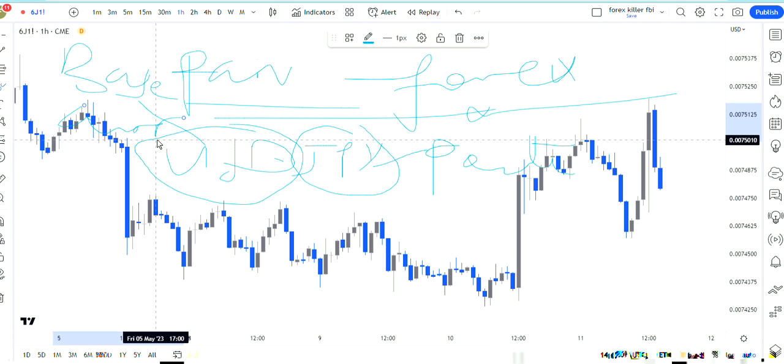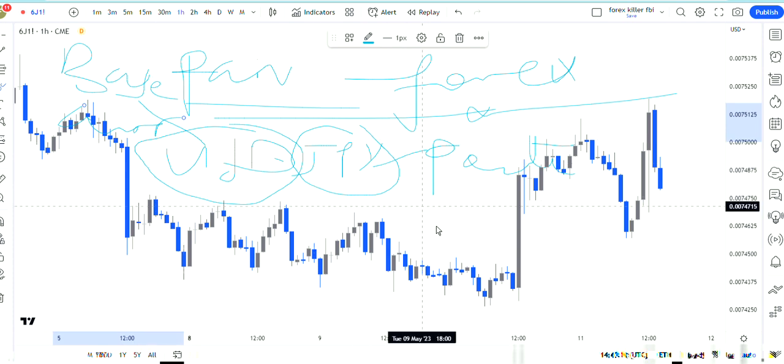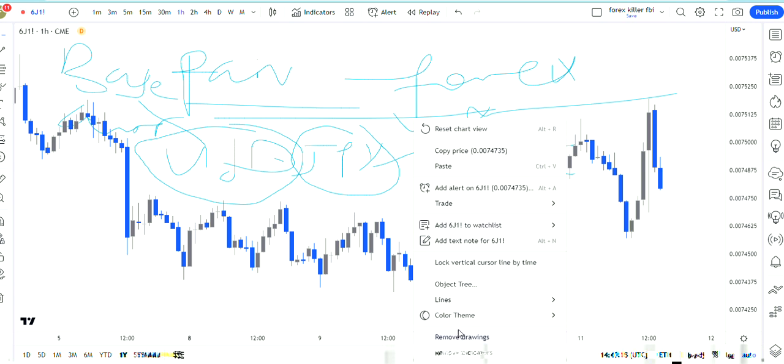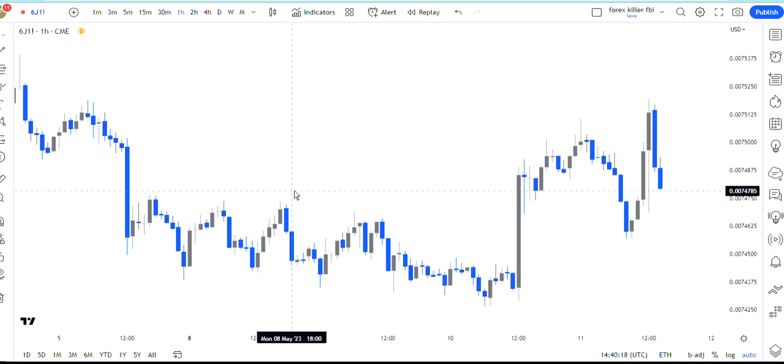All right. As we know, Japanese yen is always on the quote side, and pairs that contain Japanese yen move in accordance with the Japanese index.